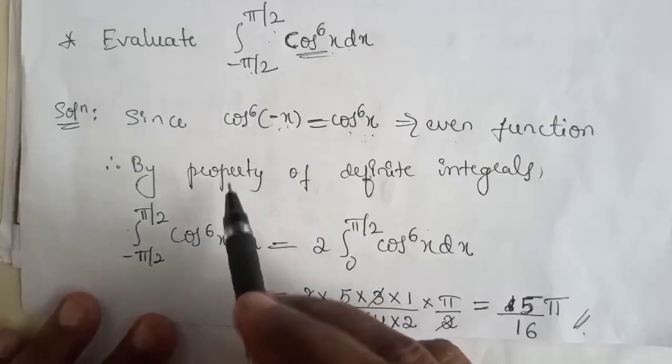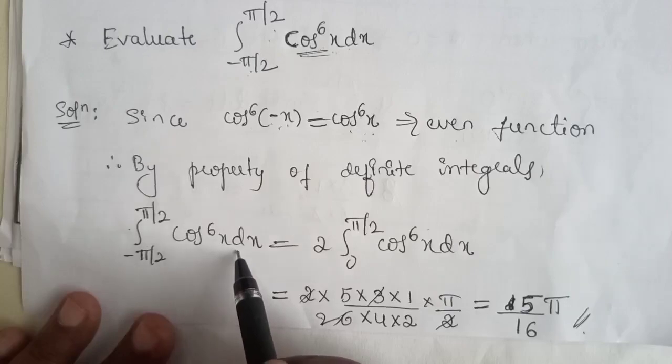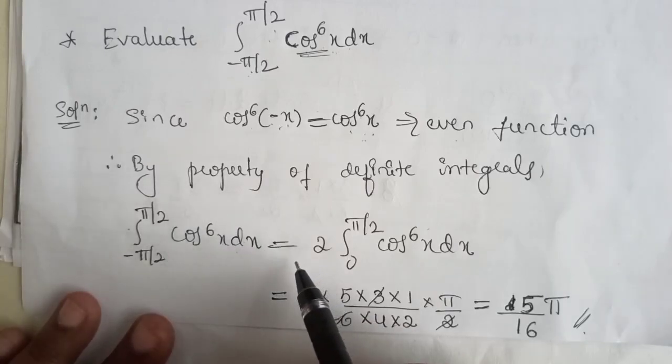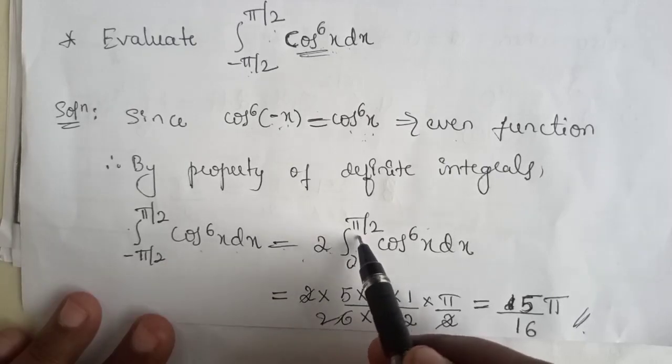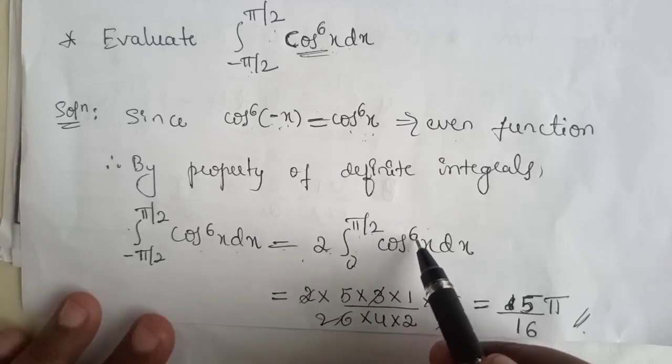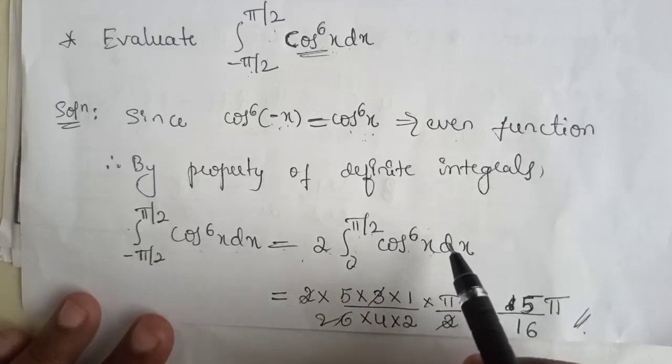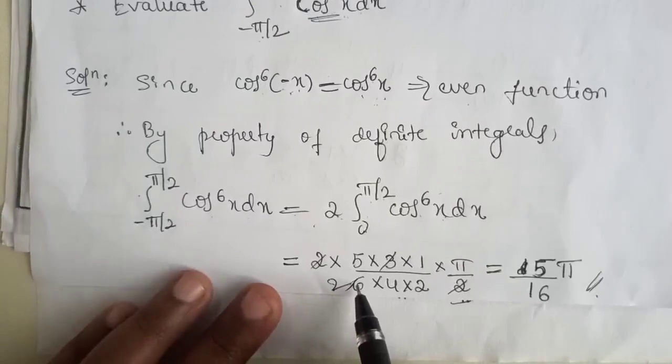By the property of definite integrals, it can be written as 2 into the integral 0 to pi by 2 of cos power 6 x dx, f of x remaining as it is. Here we apply the reduction formula.